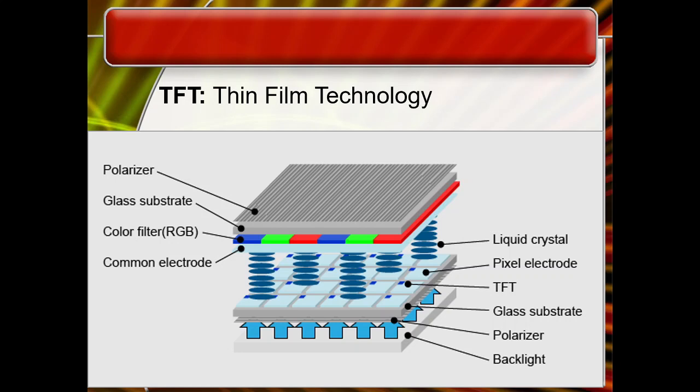Another improvement was TFT, referred to as thin film technology. Again, we see that there are 2 polarizers. One is just after the backlight, and then there is a glass substrate, and this is the matrix, also referred to as TFT. Then there are pixel electrodes. This is liquid crystal in between, and then we see the RGB filter. You can also change it to a CMYK filter, and at the last there is a polarizer.